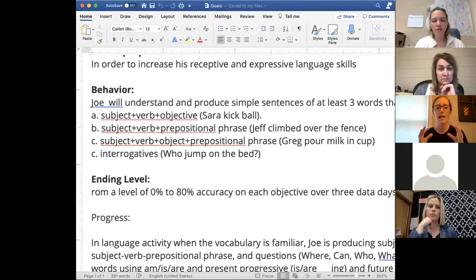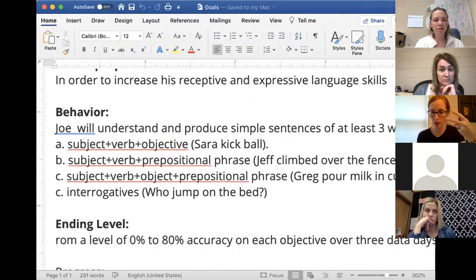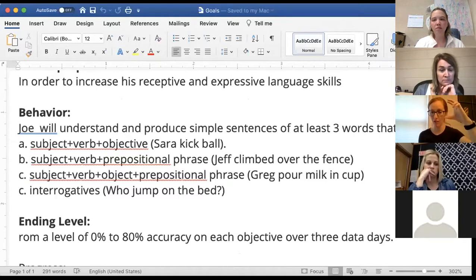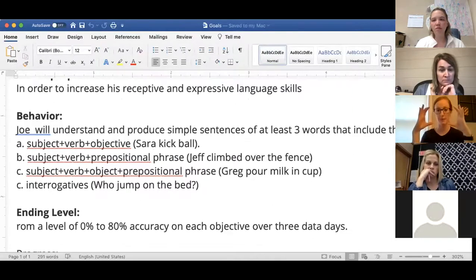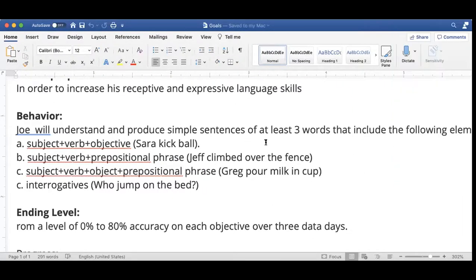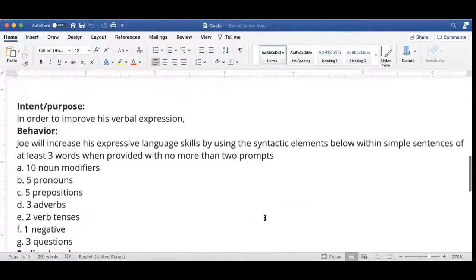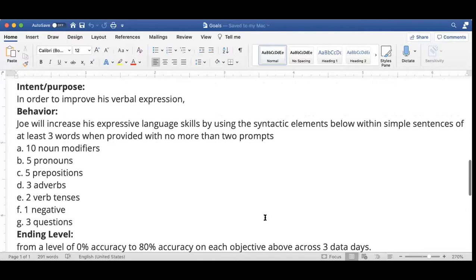I would write the language goal into two parts. One being the first half of that level, the sentence types, and the second goal being the syntactic elements. So it's a separate goal entirely, even though, like I said, when talking about the TASSEL, they mirror each other.